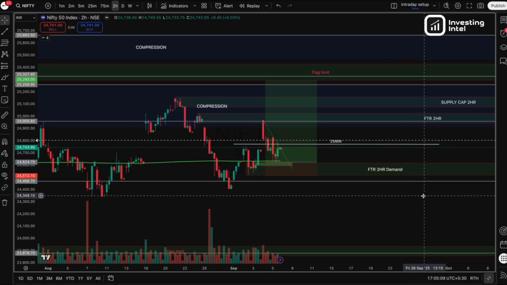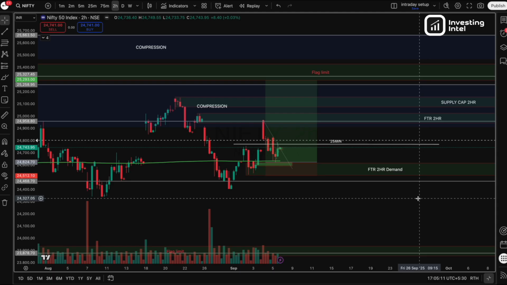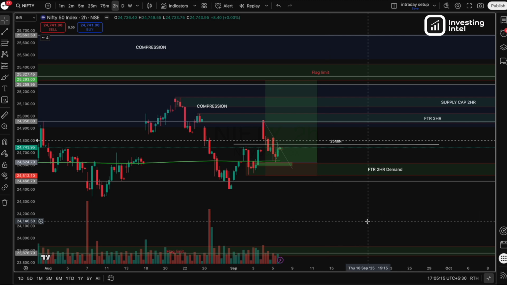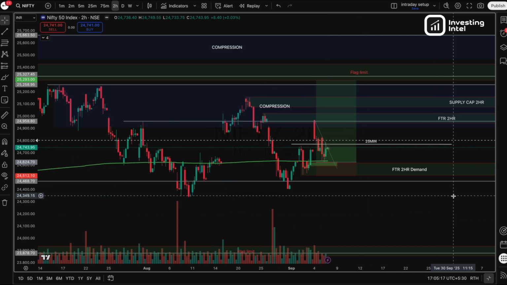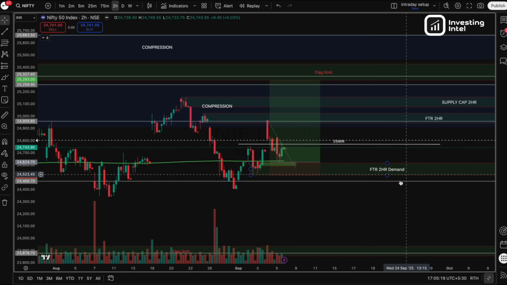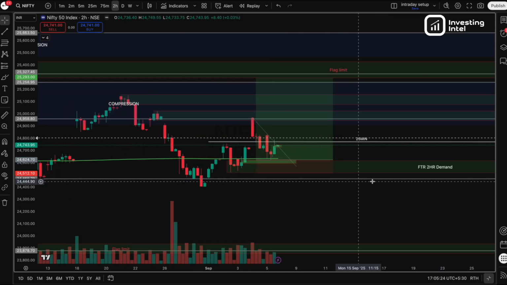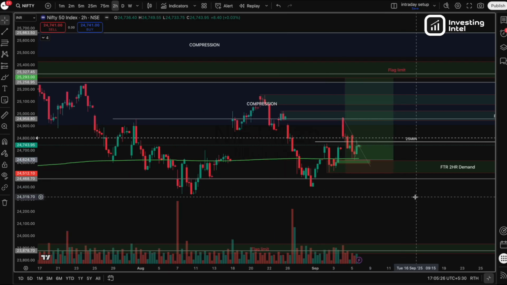It is one of the demand zones, and this is how we recognize demand and supply with different patterns that already exist in the market. When price created such demand, this is the 2 hour time frame, we waited for the price to retrace. I'm mostly focused on short term and long term investing.